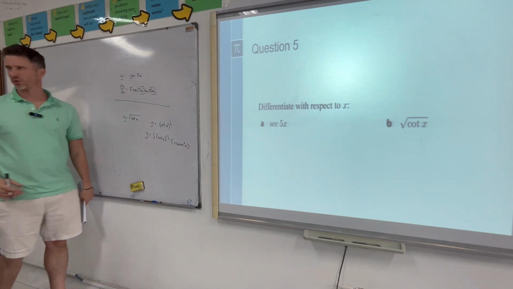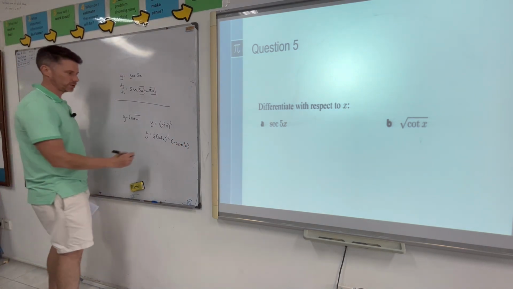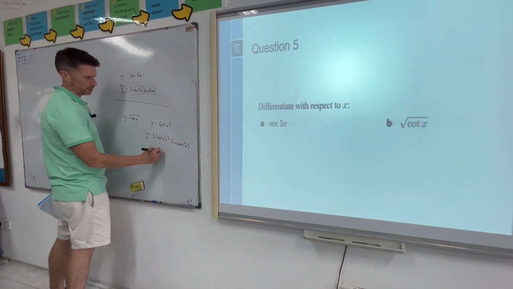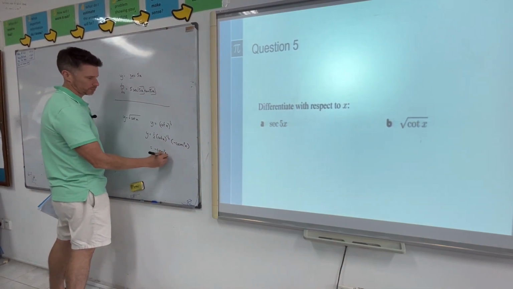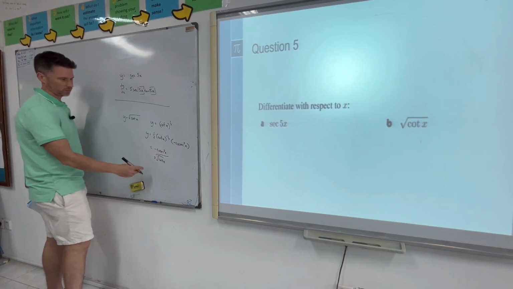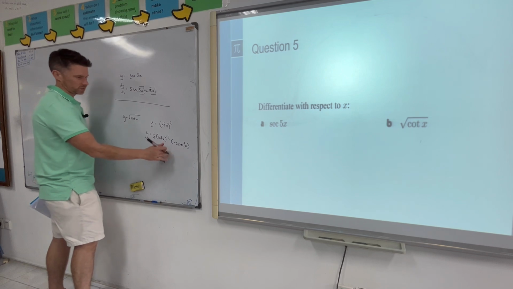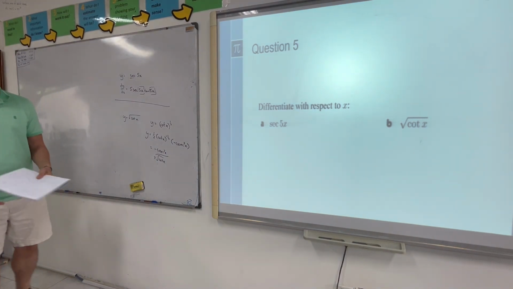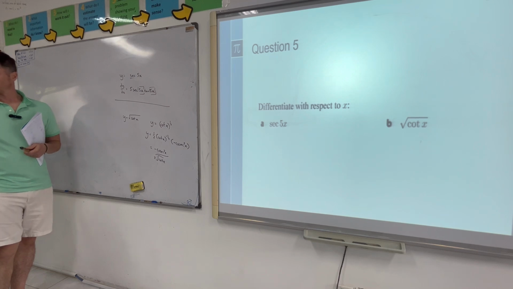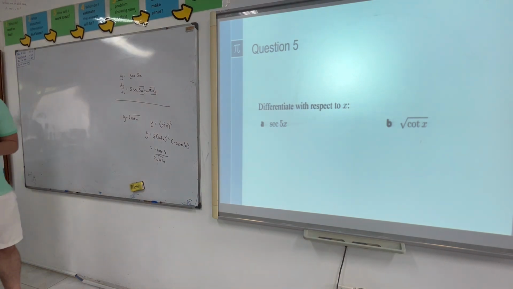Okay, and some sort of tidy up of this might be in order. You can have the minus cosec squared x on top, and 2 root cot x on the bottom. You can put this as times root tan x if you want, but I think it's okay like that. Okay, so they're just straight from your formula booklet, use them.